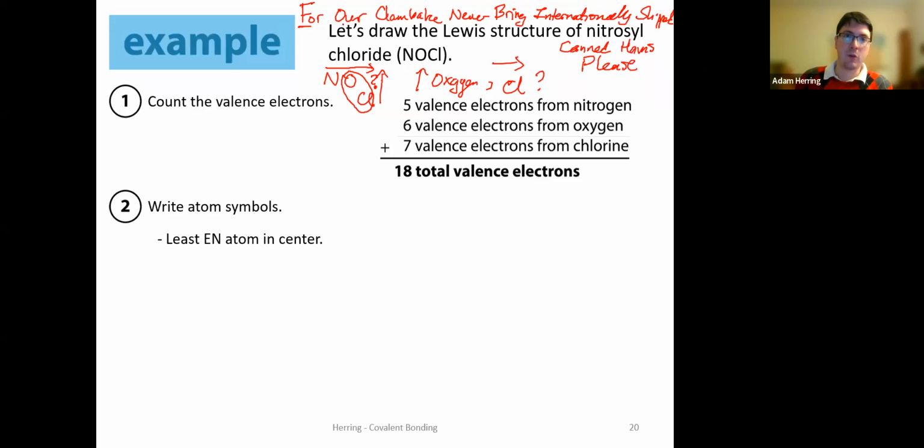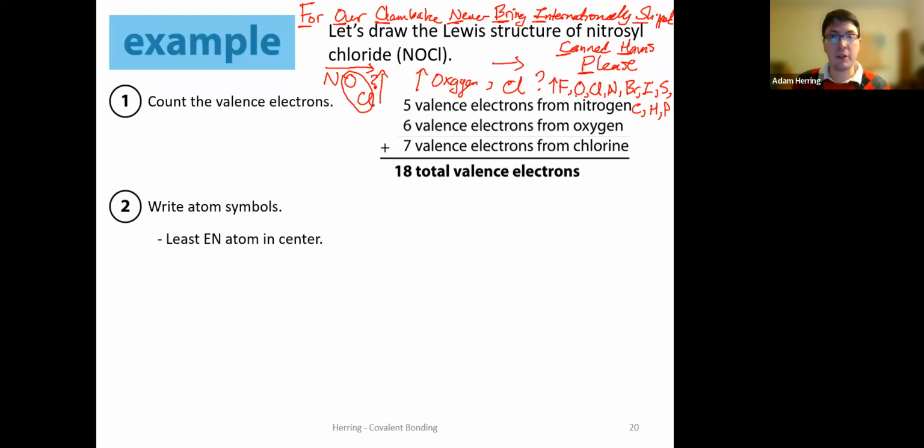That stands for fluorine, oxygen, chlorine, nitrogen, bromine, iodine, sulfur, carbon, hydrogen, and phosphorus. So the order from high to low of the nonmetals is fluorine, oxygen, chlorine, nitrogen, bromine, iodine, sulfur, carbon, hydrogen, and phosphorus.